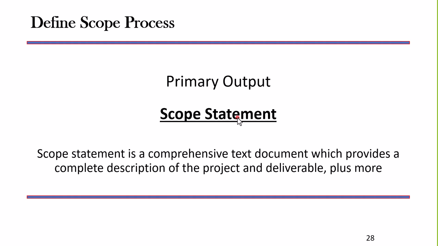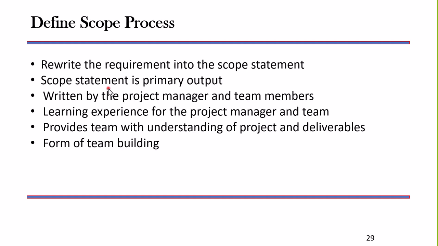So it's a comprehensive text document that describes in detail what this project is going to be like and the deliverable. Now, I said project, didn't I? You see, we have a project, but we also have a deliverable. The project includes everything that's going to be done on this project, including the deliverable, whereas the deliverable is specific to what we're going to be delivering for this project. So we have to understand the project as well as the product deliverable requirements.